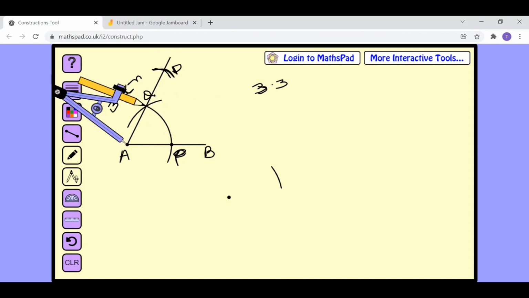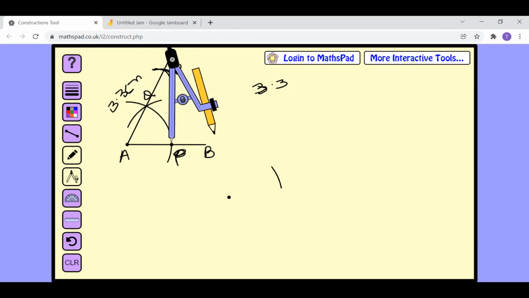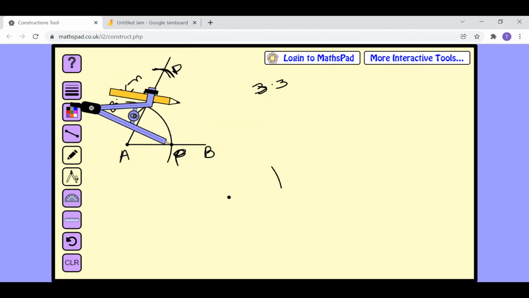And you put an arc like this. Then bring the compass to P, the place where it was touching AB, and put another mark. The first mark and second mark are touching each other. So you see what it is making now?